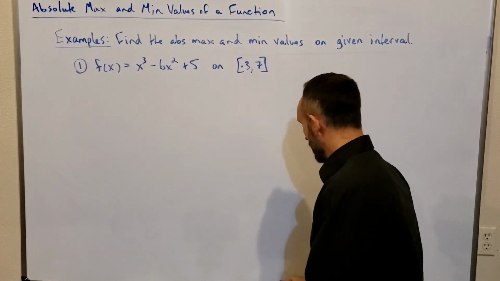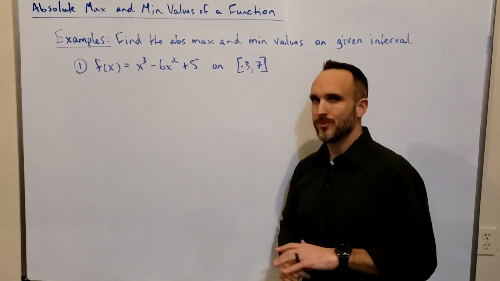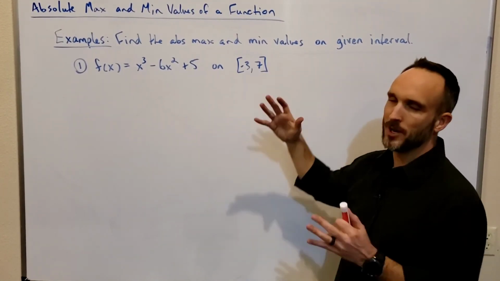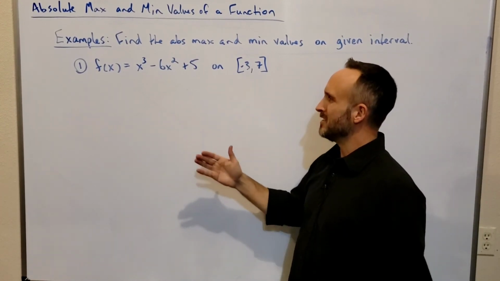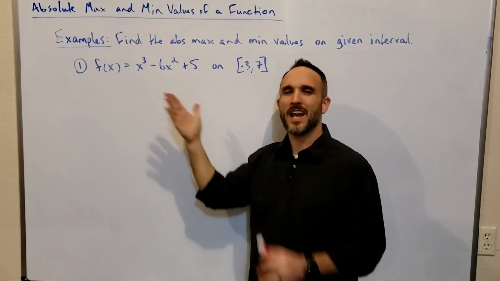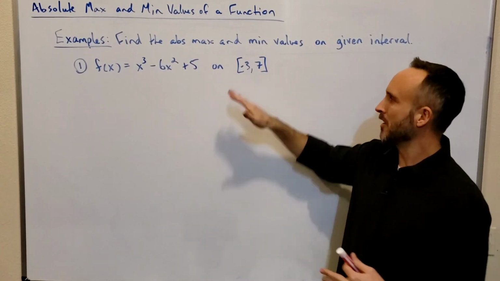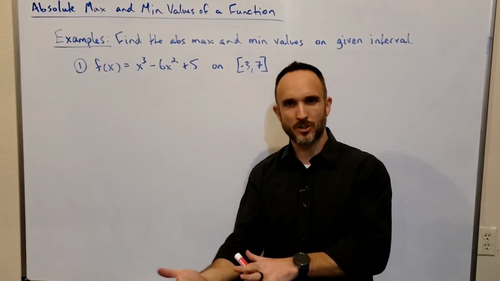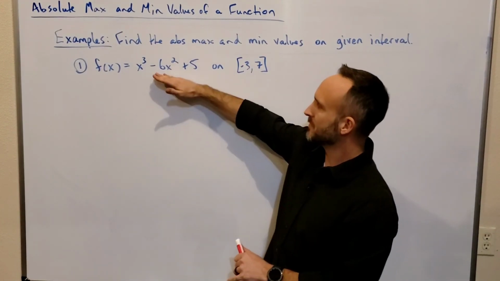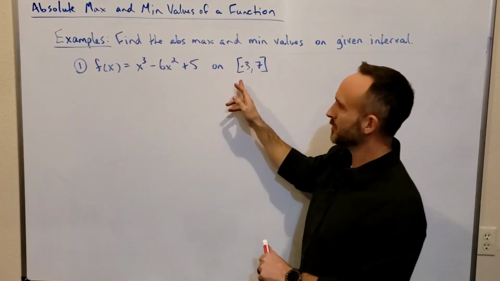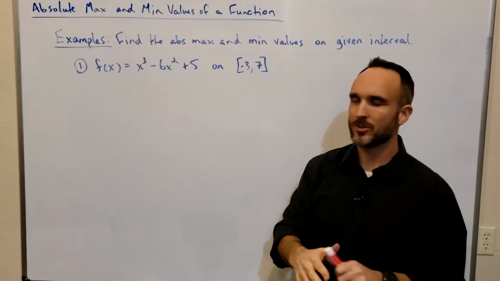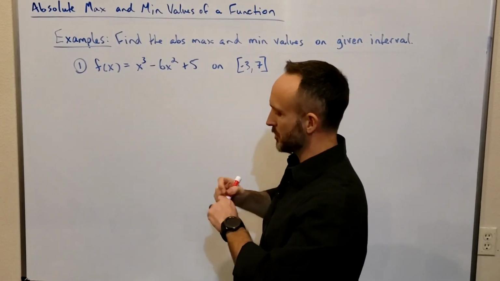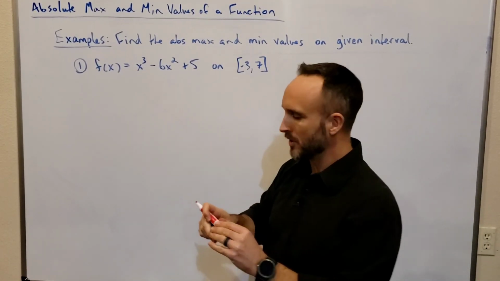So now, the first thing we need to know, and it doesn't mention in the instructions, but the first thing we need to know is, do we know for sure that this function has an absolute max and min on this interval? Well, we can go back and reference the extreme value theorem. If this function is continuous on this interval, then we are guaranteed. So let's talk about the continuity of this function. It's a polynomial function.